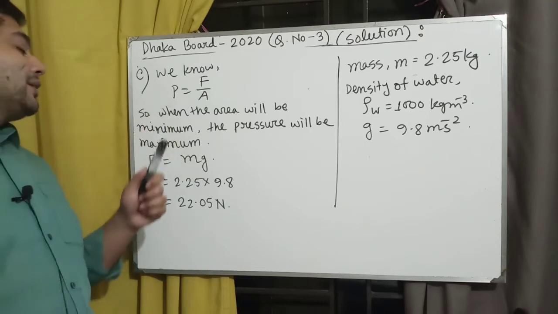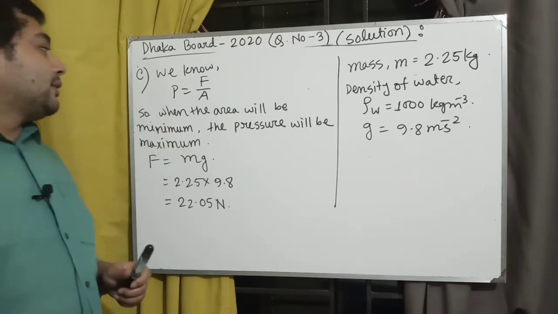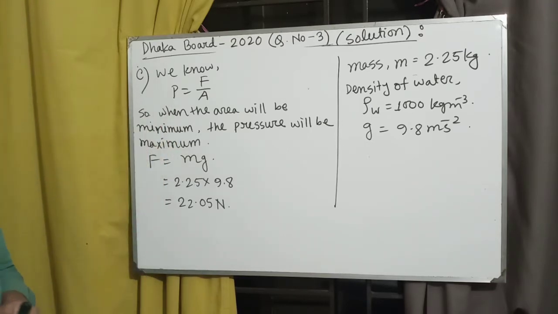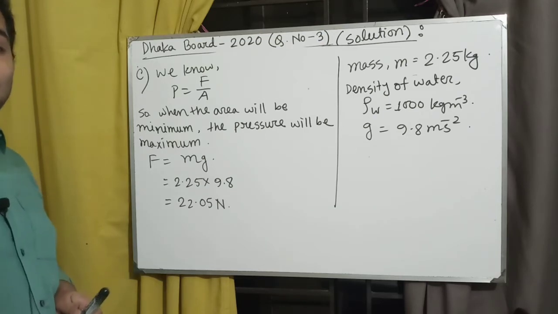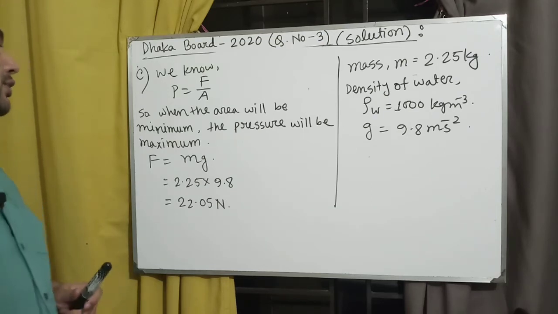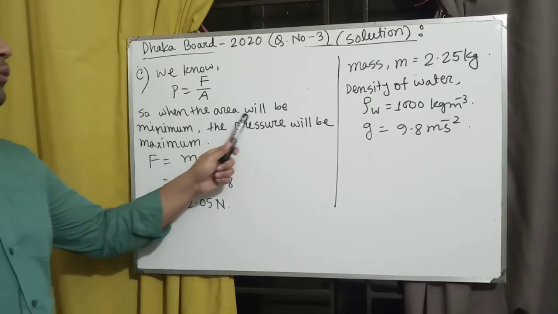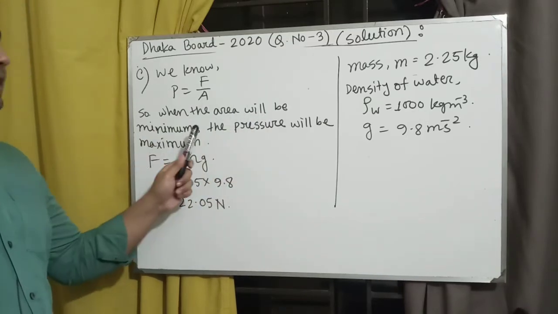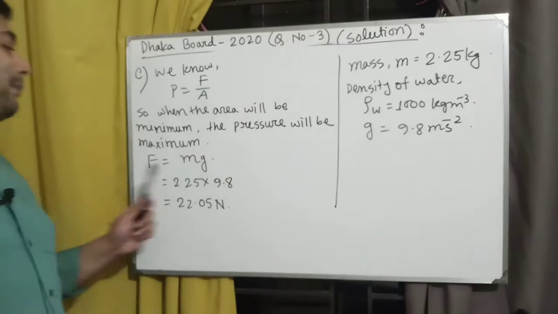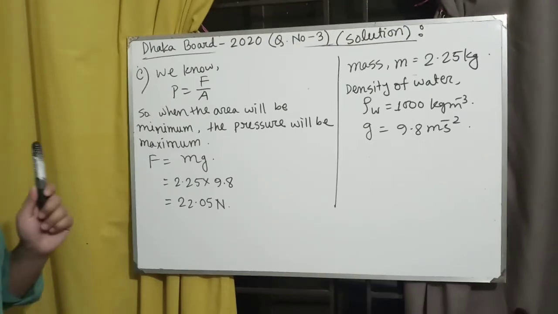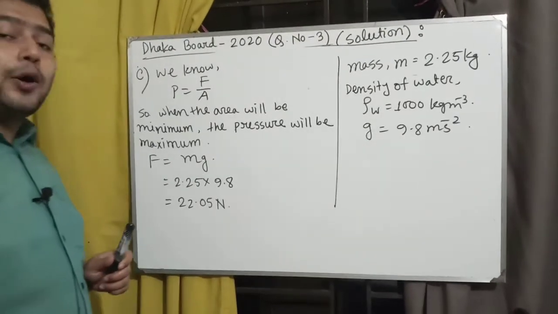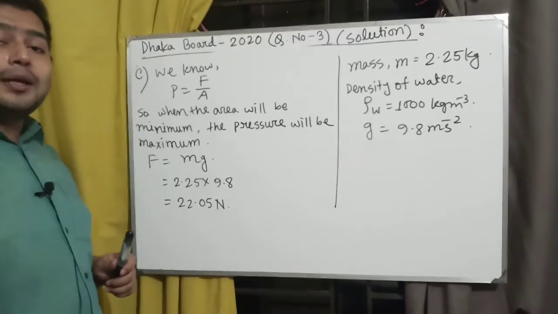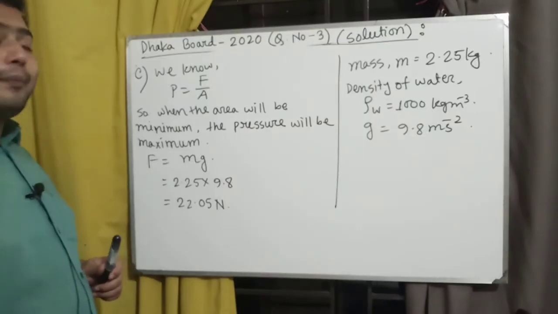So here we see that the pressure is inversely proportional to the area of the object. So when the area will be minimum, the pressure will be maximum.